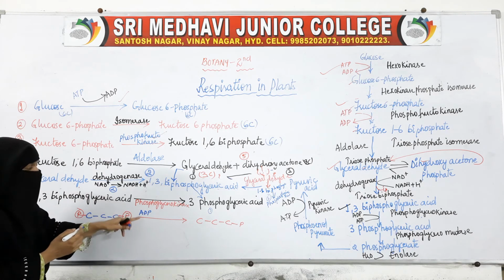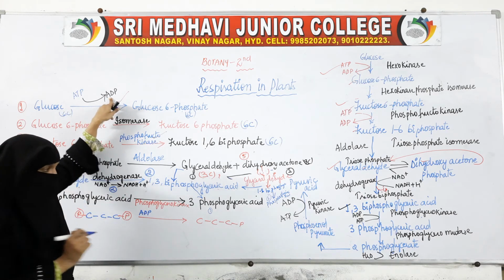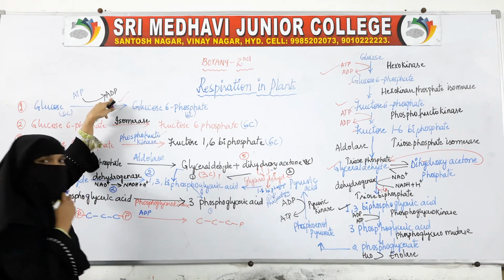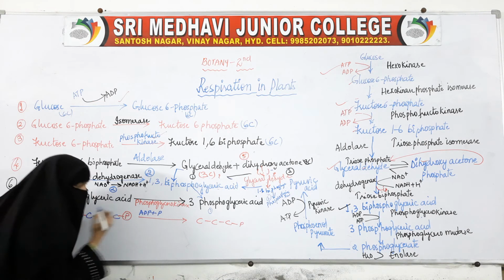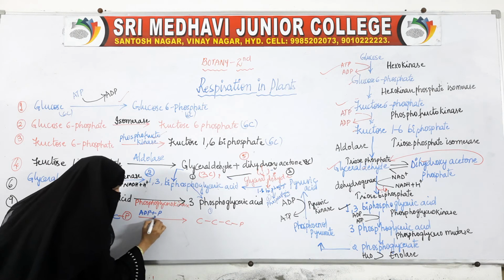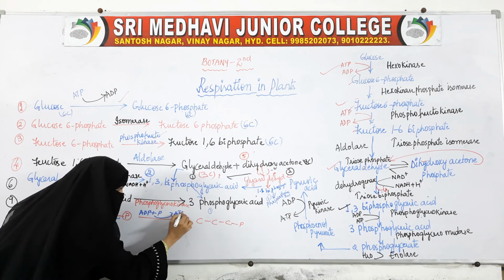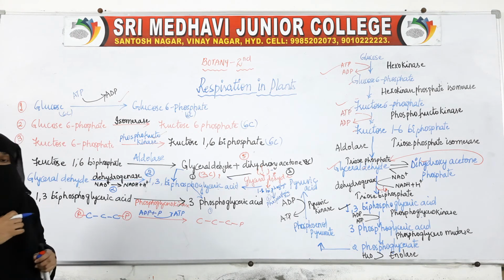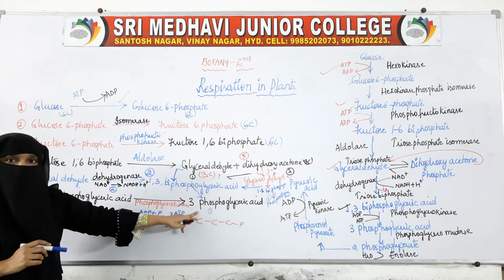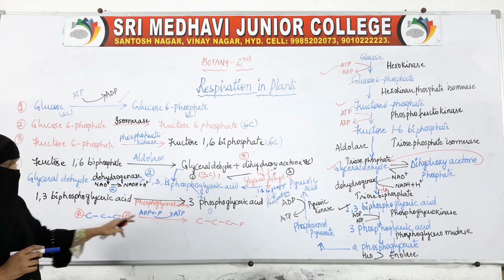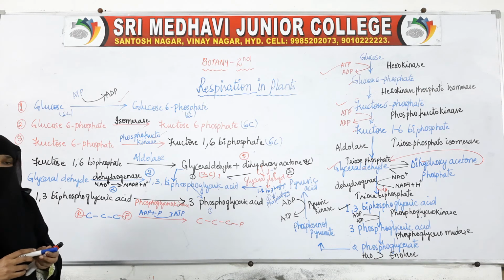Okay. Now, this ADP will again take the phosphate. So, this phosphate which is released from here will be taken up by the ADP, and this ADP will change into ATP. So, how many ATPs will be formed here?